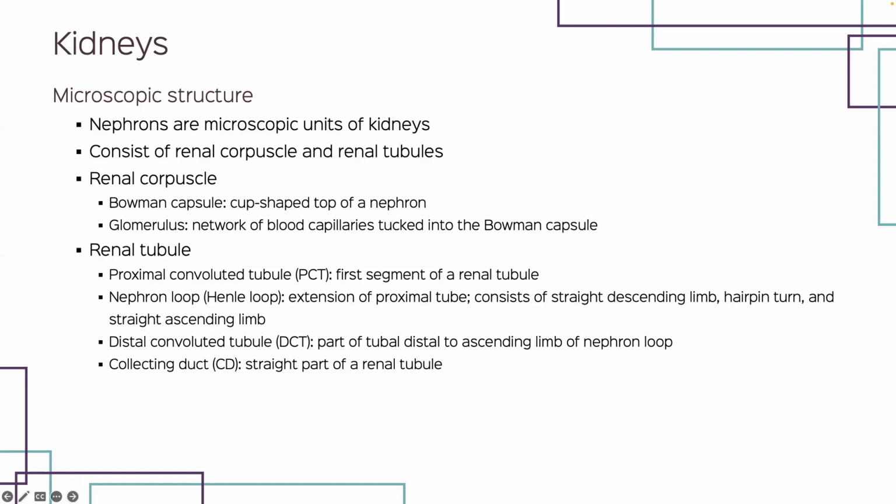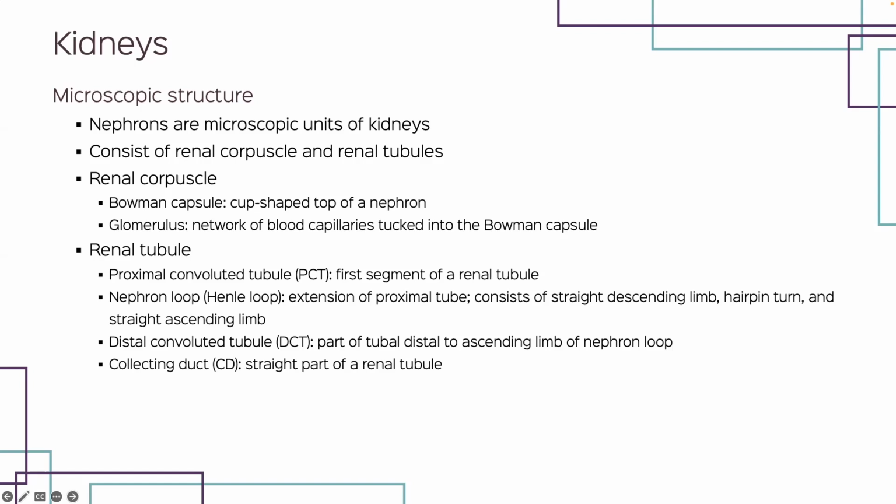The nephron loop, or the loop of Henle, is the extension of the proximal tubule into the renal medulla. The nephron loop consists of a straight descending limb, a hairpin turn, and then a straight ascending limb.